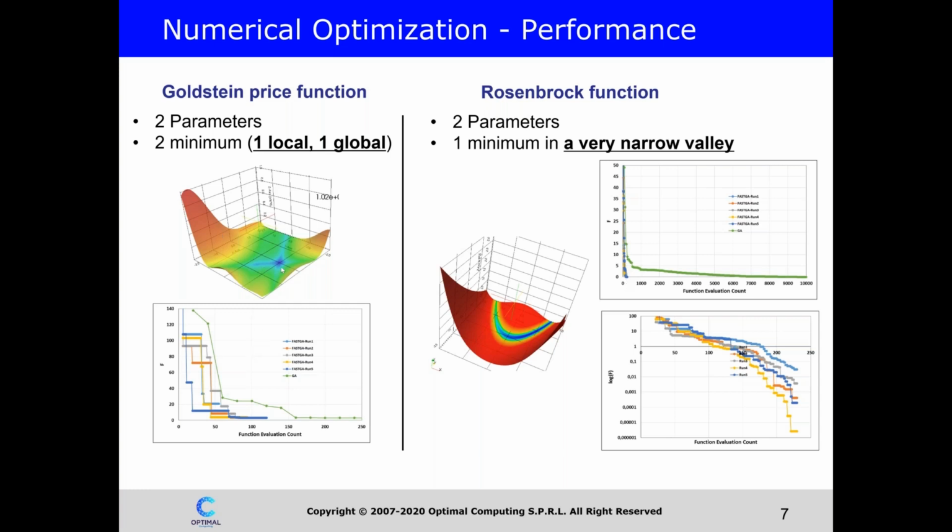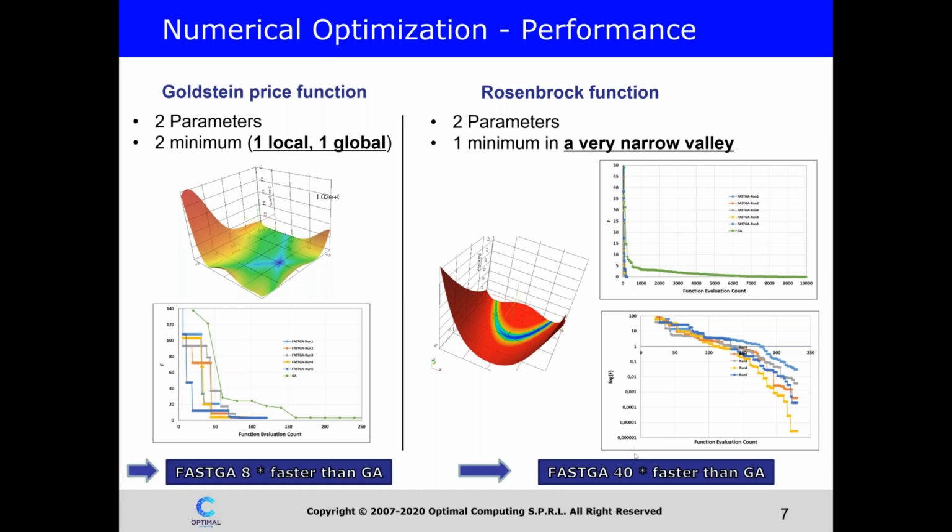On the left, it's a problem where you have one local minimum and one global minimum. And here we take the advantage of using a genetic algorithm, and the optimizer is always capable to find the true global objective function in a much faster way than what a genetic algorithm can do.